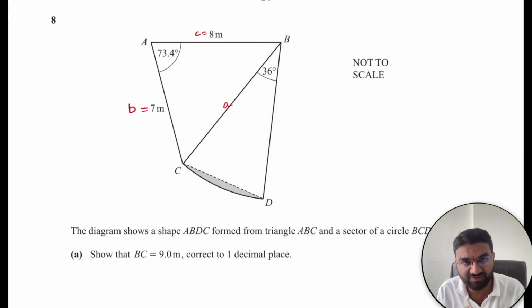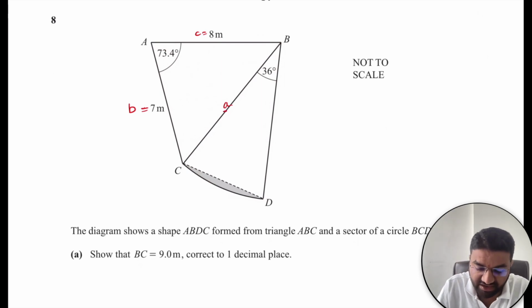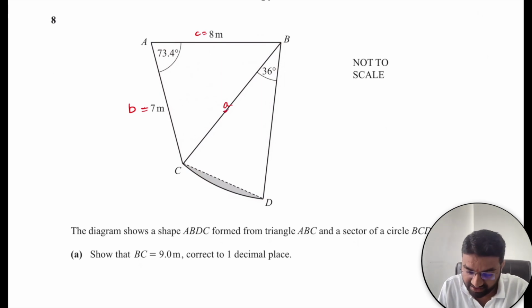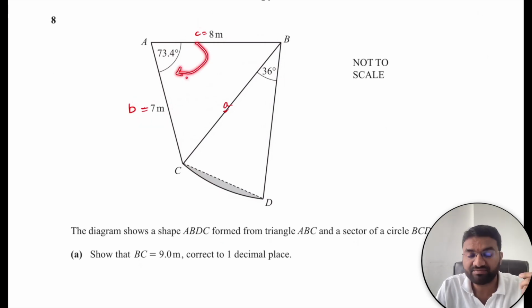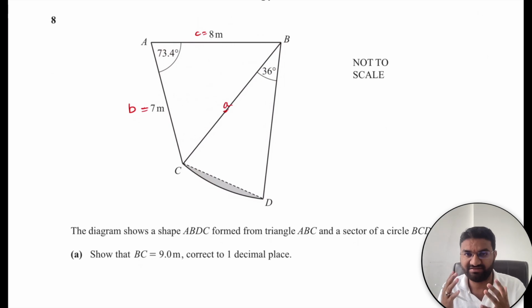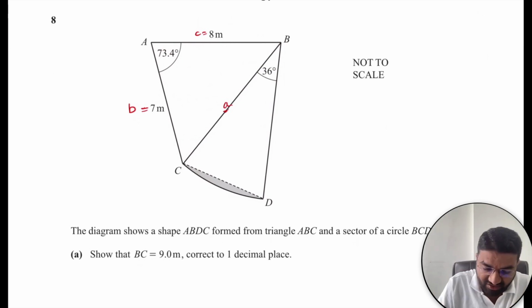So these are the given things we have, and we have to calculate here a. Okay, so here we can use the cosine rule to calculate BC. That's an easy way because we have two sides given and the angle between them is given. So in that case, generally we use the cosine rule, fine.